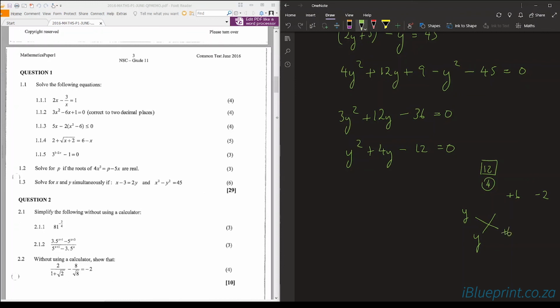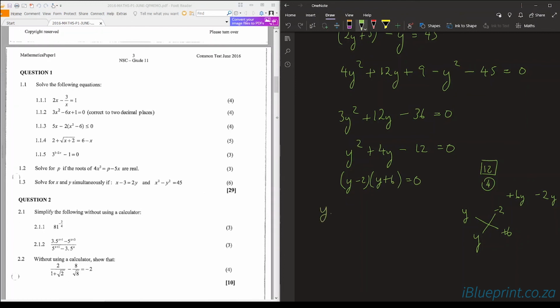Because the product of these will give me plus 6y. And if I put a minus 2 here, the product of these gives me minus 2y. So y times y gives me y squared. Minus 2 times plus 6 gives me minus 12. Y times 6 gives me plus 6y. Y times minus 2 gives me minus 2y. 6y minus 2y gives me 4y, positive. So that means y minus 2 times y plus 6 is equal to 0.